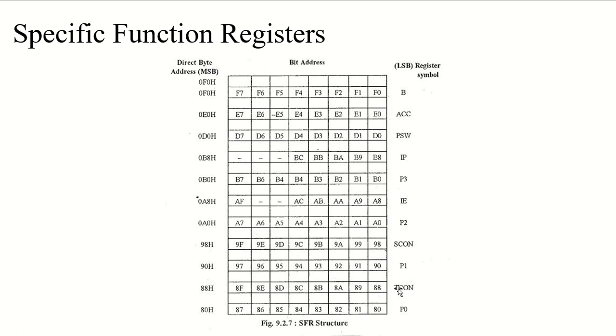So TCON consists of 8 registers, SCON 8 registers. Remember, this is a hexadecimal system, so I made a mistake earlier: it does not consist of 2, it consists of 8. Then IE, IP, PSW, accumulator, and B. So we get our special function registers.